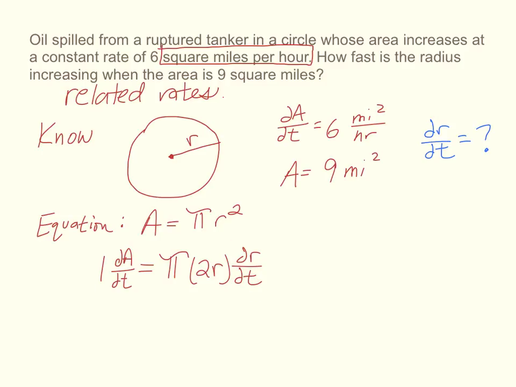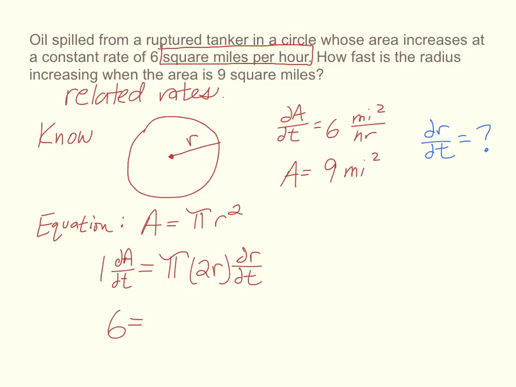We know already that the area is 9 square miles. We don't have anywhere to substitute that into our derivative. But we can substitute dA dt being 6, and dr dt we do not know yet, so we will leave it as dr dt. So I will rewrite the equation with the 6 substituted in for dA dt.